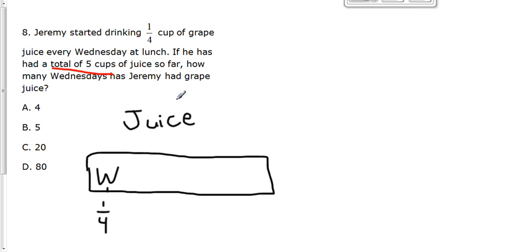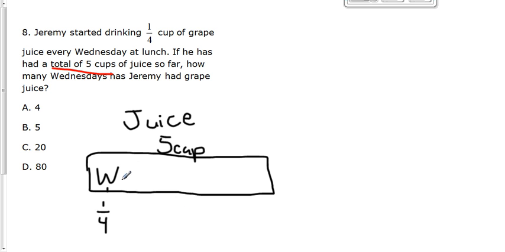So the total, the 5 needs to go on the top because that's what he has. Okay? He has 5 total cups. He wants to know how many Wednesdays has Jeremy had grape juice.